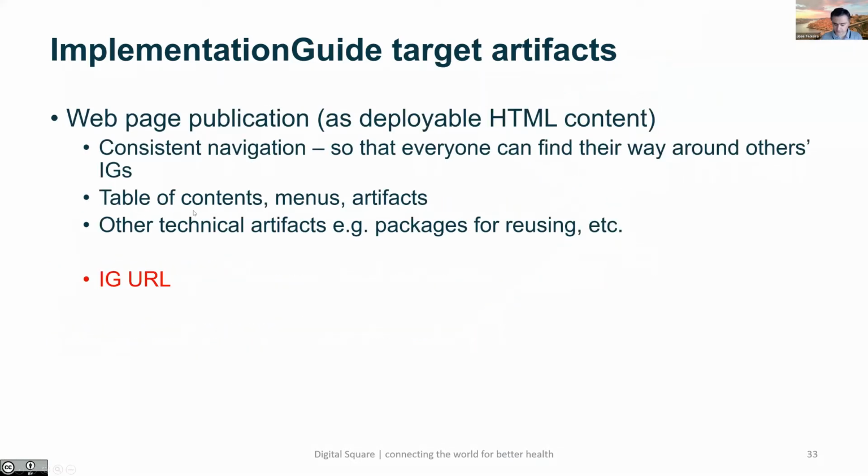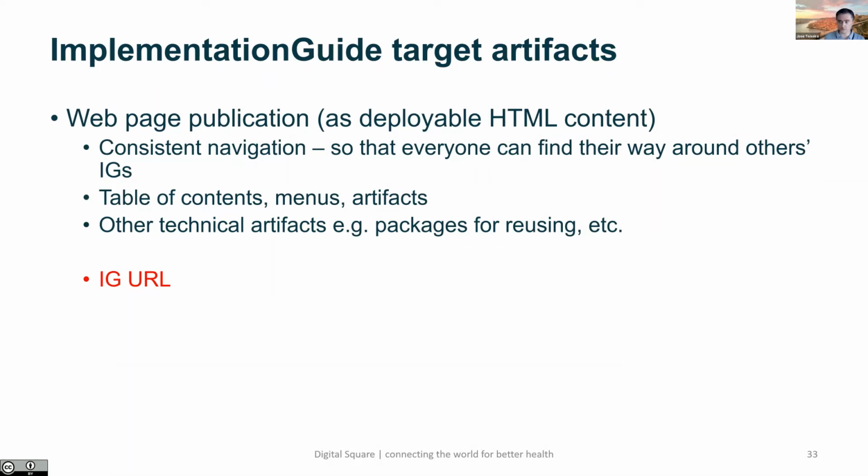What the implementation guide artifacts produce is a web page URL. I'm sorry, I did not update this link here because I will share it in the chat. It produces a web-based publication. I'm going to put this in the chat now as an example, something that I built before.